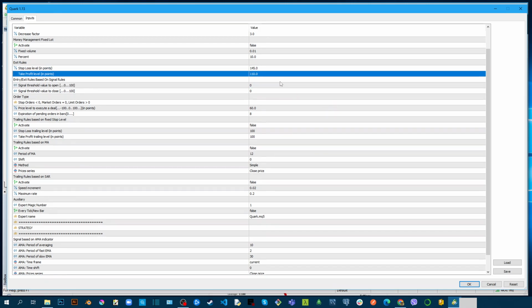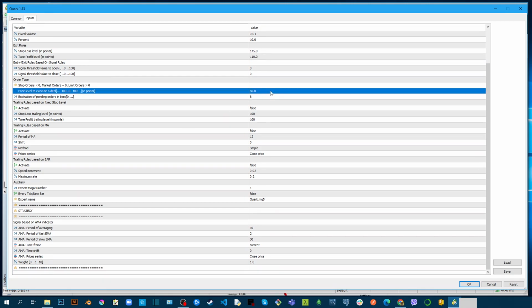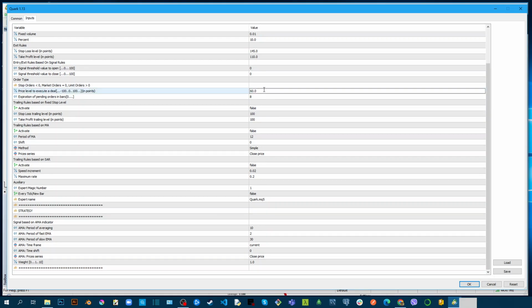By default, the first option is used: stop loss and take profit. Next, this expert opens all types of orders. It can open a market order, a limit order or a stop order. Everything depends on how this input is optimized.